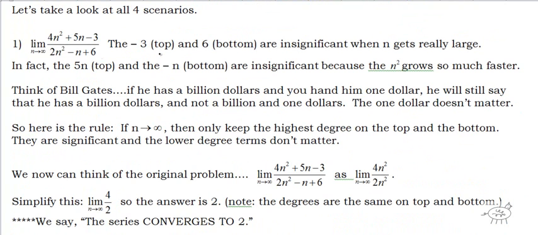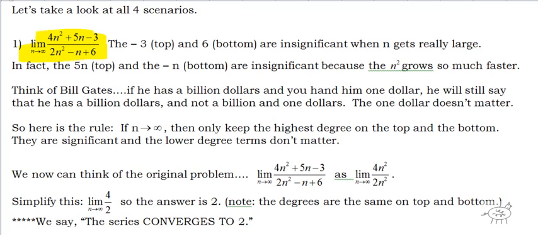The first one, if you look at the problem here, I said limit as n approaches infinity of that polynomial over that polynomial. I want you to understand, first of all, that -3, as n gets really big, is so insignificant. Same thing with the 6, because as n gets bigger, the -3 and the 6 just stay the same, so they're totally insignificant.